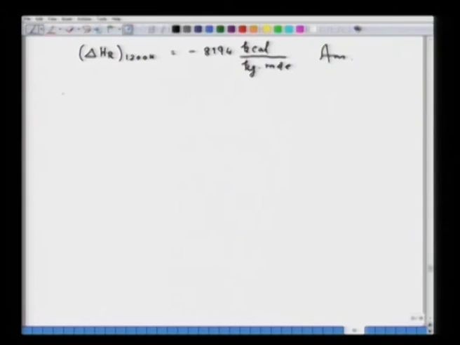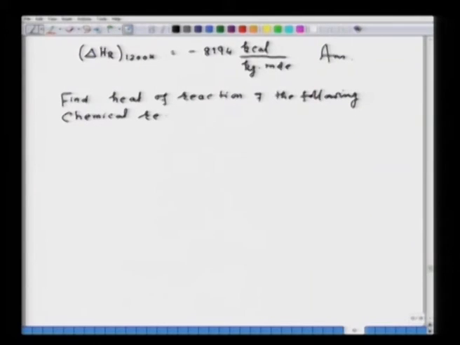So, you do it, say find the heat of reaction of the following chemical reactions at 1400 Kelvin.